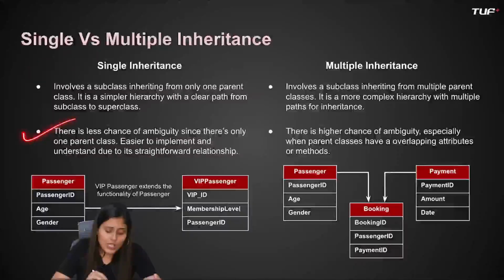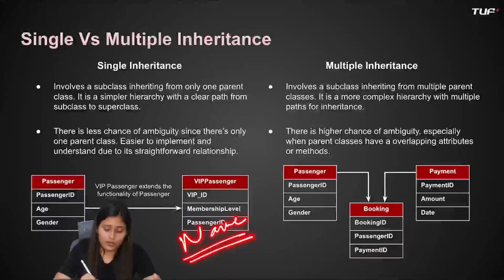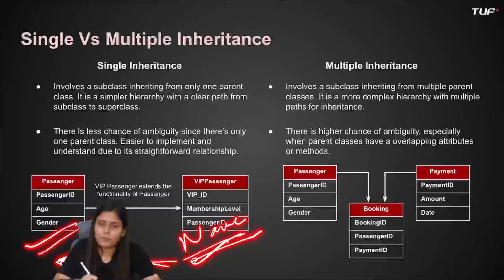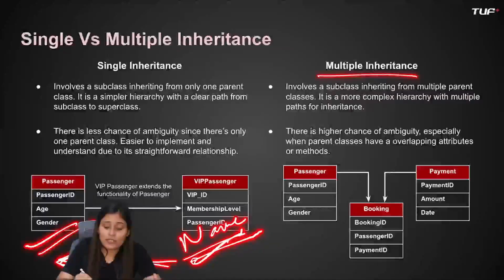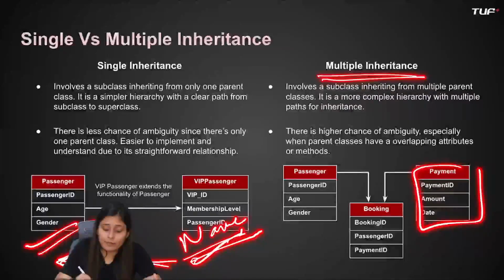Here there is less chance of ambiguity since there is only one parent. Let's suppose we have name as an attribute in the parent class. The child class can inherit that name, and if there is only one parent, there is no problem. But in the case of multiple parents, it can be inherited from multiple parents.